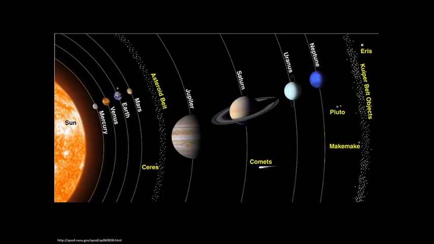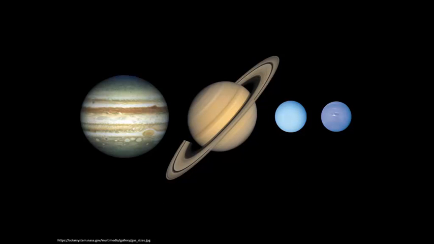The two observations of the Jovian planets that are forcing astronomers to expand and revise their theories of the planets are: one, the majority of the exosolar planets found around other stars have the same mass as the Jovian planets. So they're very similar in mass to these Jovian planets. So why is it that a lot of the planets that we find around other stars are Jovian in type and not terrestrial?